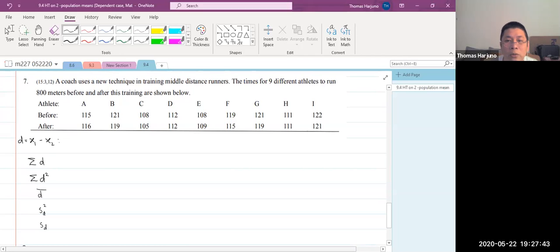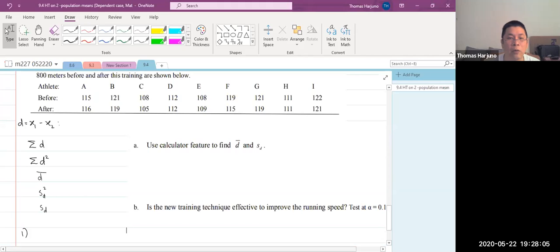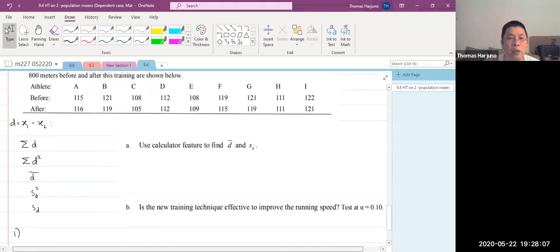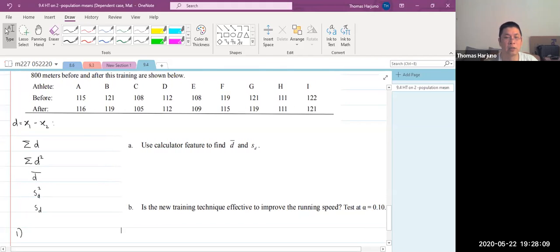Let me make sure I see the question. Use calculator to find d bar and sample standard deviation.